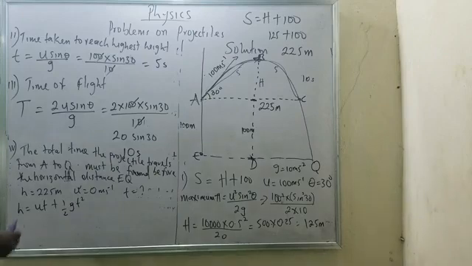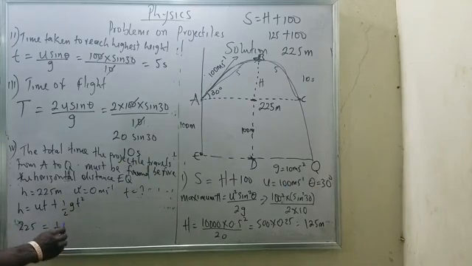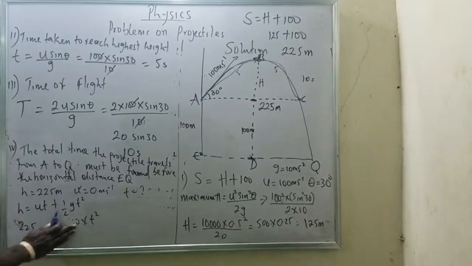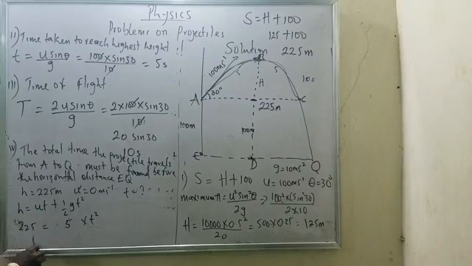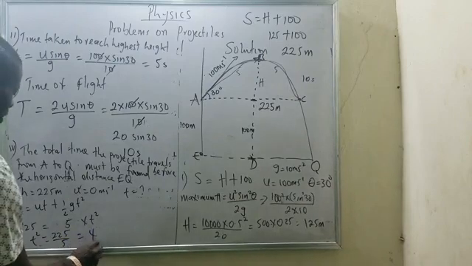Now, this is going to be 0. My h is 225 equals 1 over 2 multiplied by 10 multiplied by t squared. This will be 5. You have to understand that that is 5. Now, my t squared equals 225 divided by 5, which will be 45.